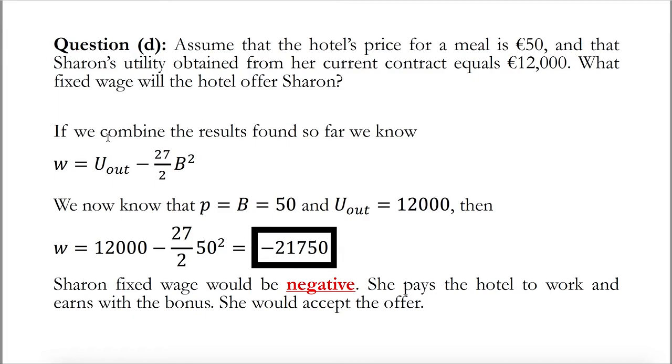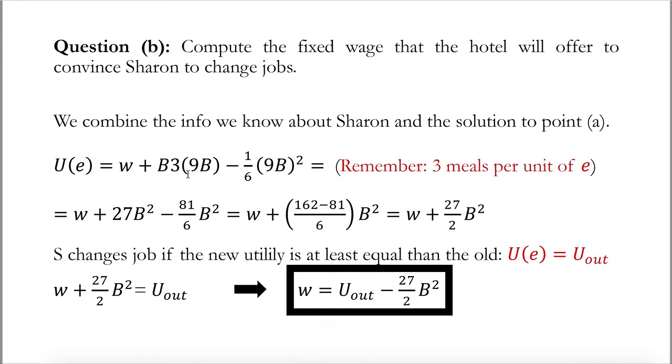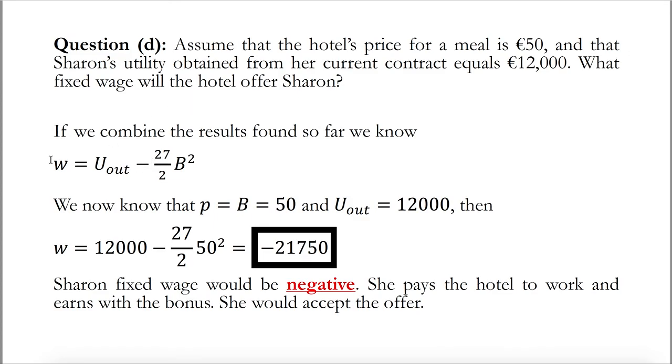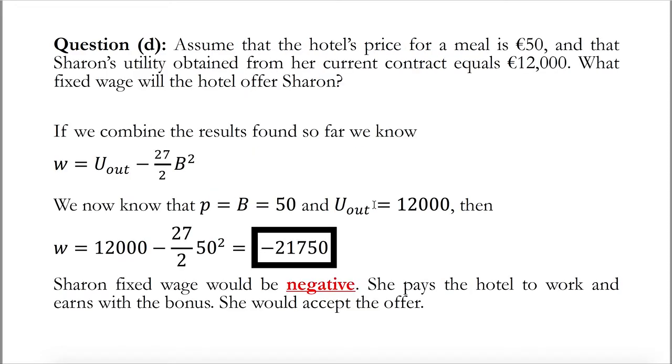So let's start. If we combine the results found so far, we know that wage is equal to U out minus 27 over 2 b squared. So if we go back, we can see that this was exactly the result that we found in question B. So now we have to give a number to this W. So what we know is that P is equal to B and it's equal to 50, because we have shown that B is equal to P, but now the exercise is telling us that P is equal to 50.